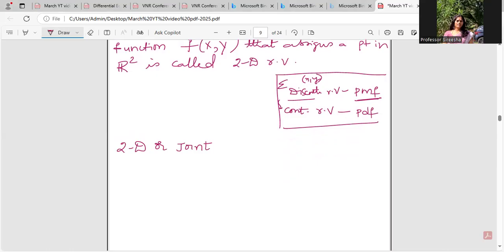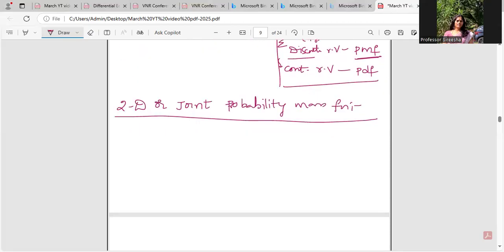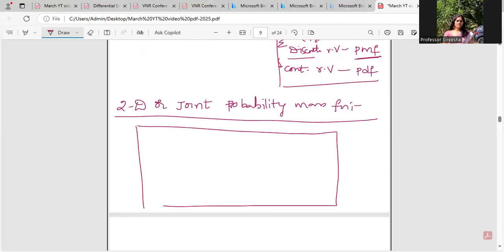Joint means together. If you understand the table associated with the two variables, it looks a bit complicated, but the things behind it are very simple. I'll just do it for 2 or 3 values, because if I write too many values, it will look very huge and probably be confusing to you.